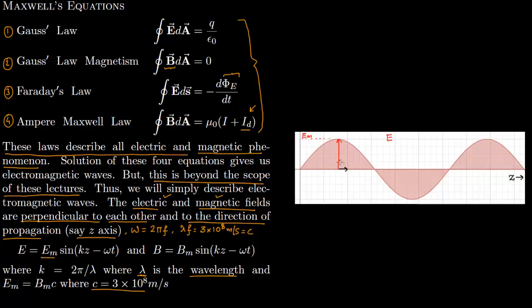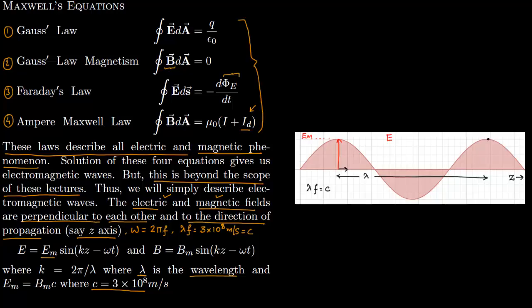So you see the electric field is perpendicular to the direction of propagation. Now wavelength is from maximum value to maximum value. So this part is called lambda. And since c is always constant, lambda times f is constant. So now you can find even the frequency of the wave.